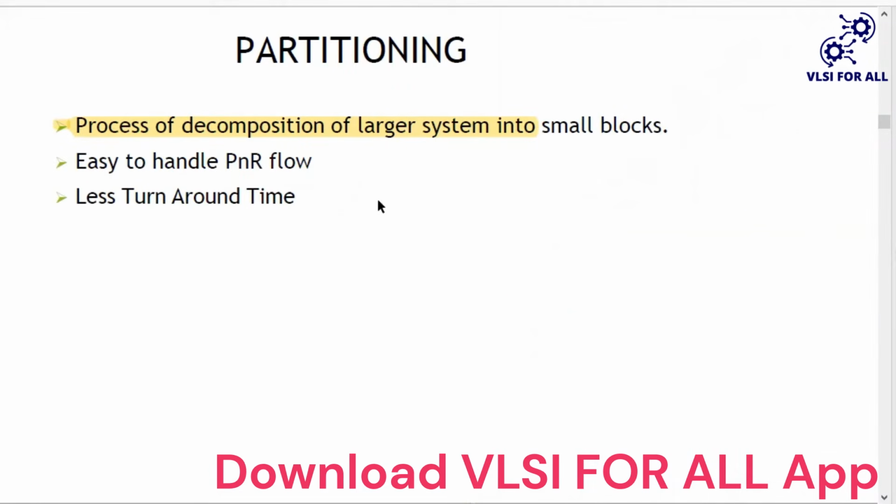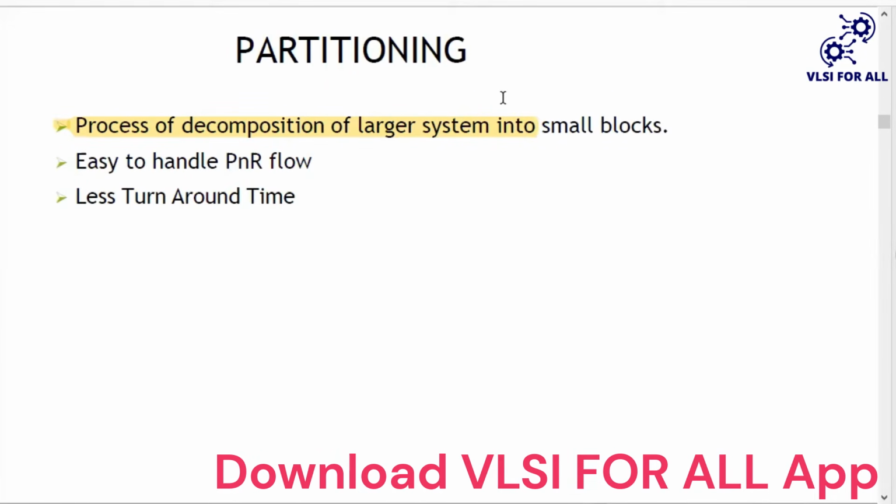That is why we need very little time to complete the small blocks, and that is why we specify small blocks. The features of defining partitions are that it is easy to handle the PNR flow, and easy to handle the entire PV as well as STA, also with less time. That is called partitioning.